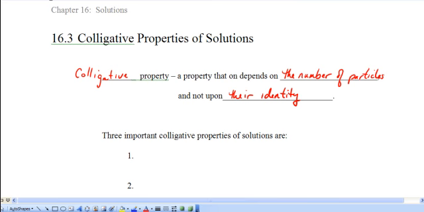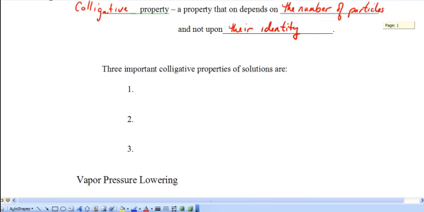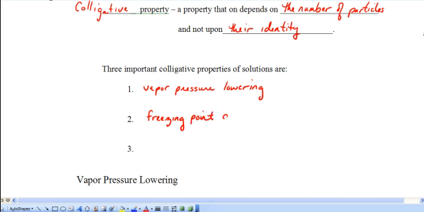Now, what types of properties are we talking about here? Well, three very important colligative properties are going to be vapor pressure lowering, and we'll remind you what vapor pressure is, and the consequences of that vapor pressure lowering, which will be freezing point depression, and boiling point elevation.